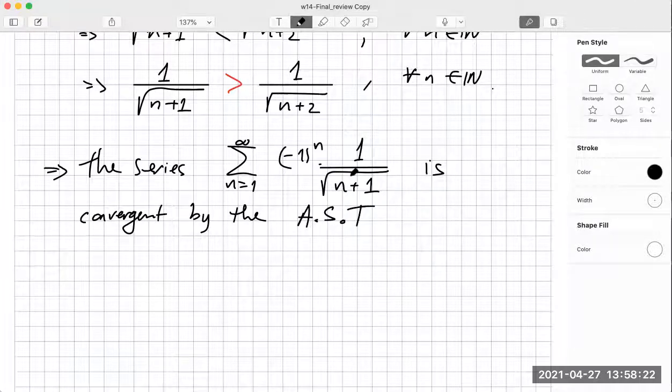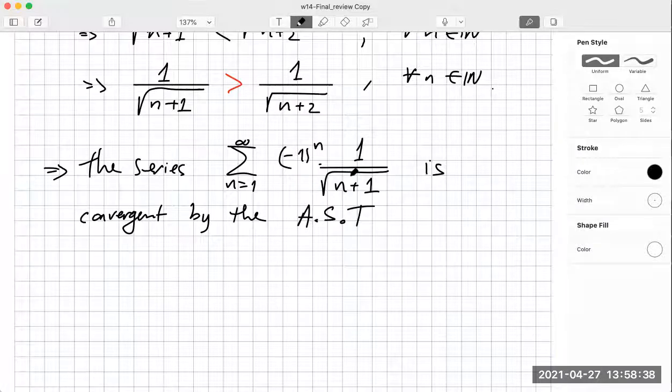Okay. Is that clear? Yes, it's very clear. Okay, very good.